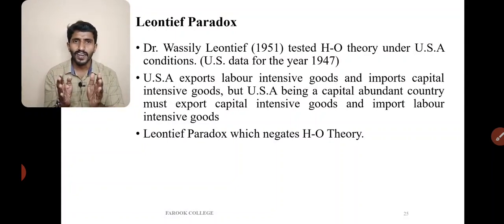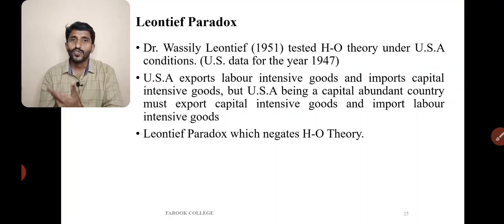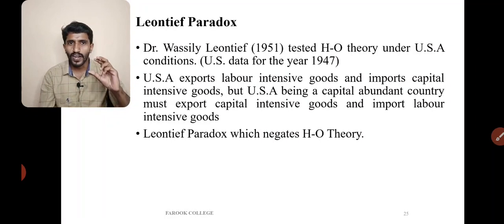But when the empirical test was done in the US case, the result was amazing because it was just the opposite of HO theory. US exports more labor intensive goods and imports more capital intensive goods. So this is a paradox as far as the HO theory is concerned. That's why we are calling it a paradox.